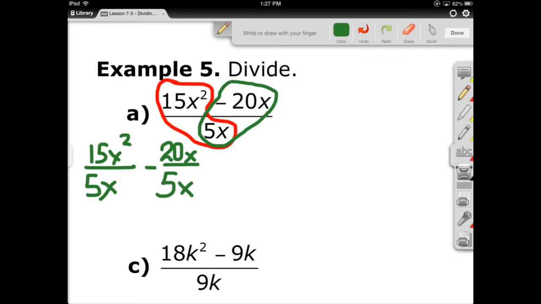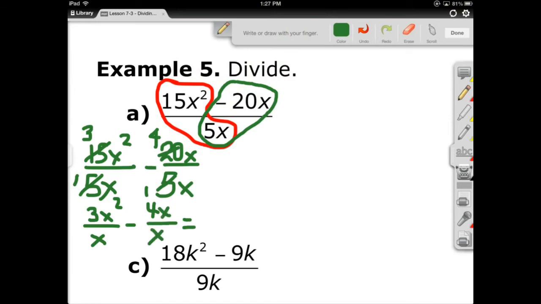Well, if you do a little canceling, right, the greatest common factor is 5 for each of these. So let's make that, I'm dividing by 5 here. Then what we've got is we're going to have 3x squared over x. So I'll just do the coefficients first. Minus 4x over x.